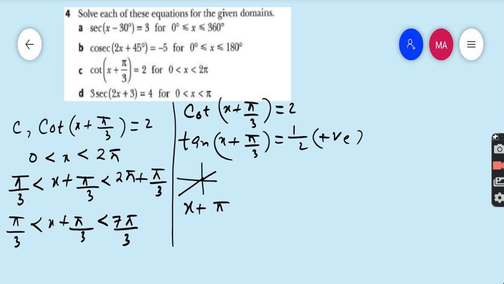X plus pi by 3 is equal to tan inverse 1 upon 2. Before you find this value from your calculator, you must first convert your calculator to radian mode. The value is 26.56.